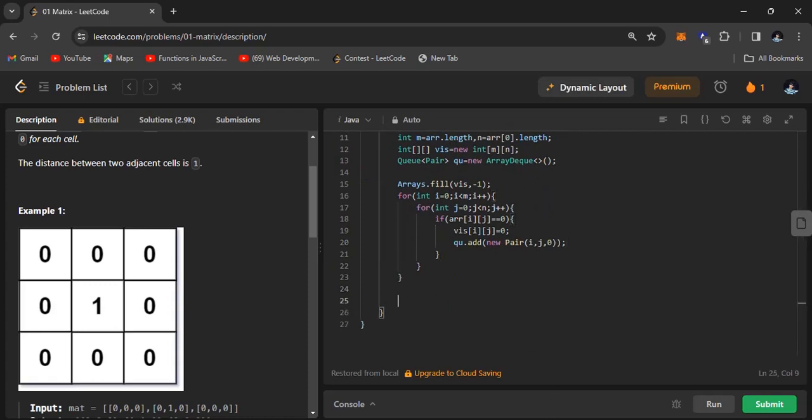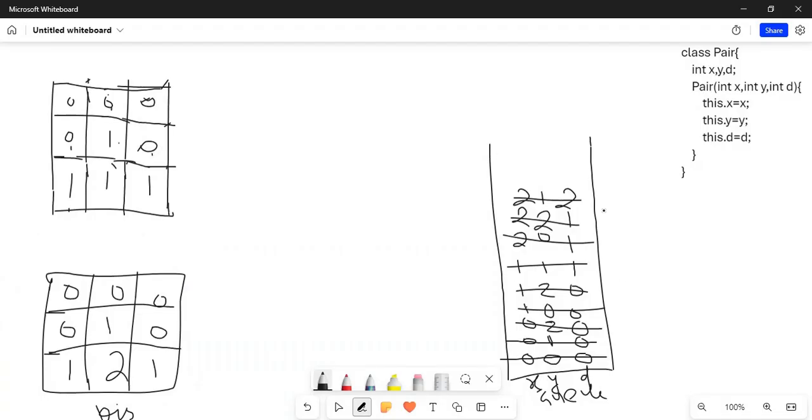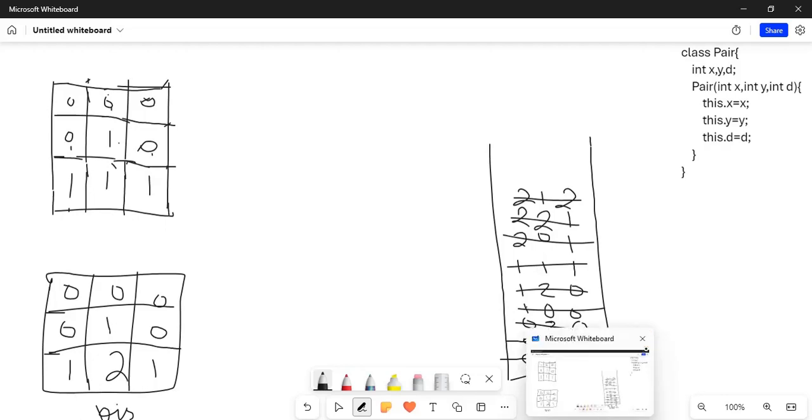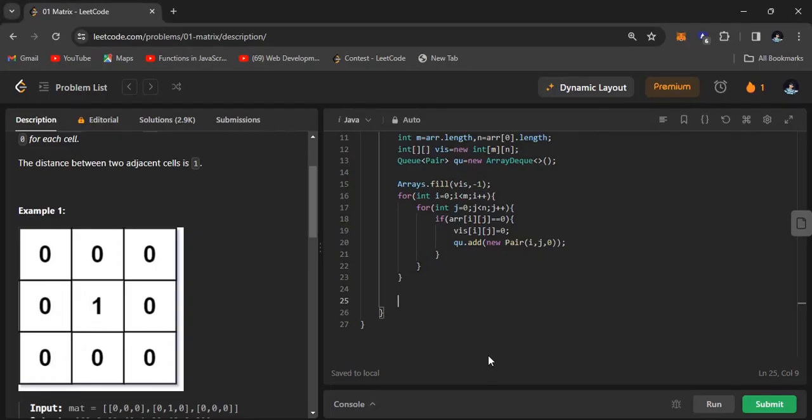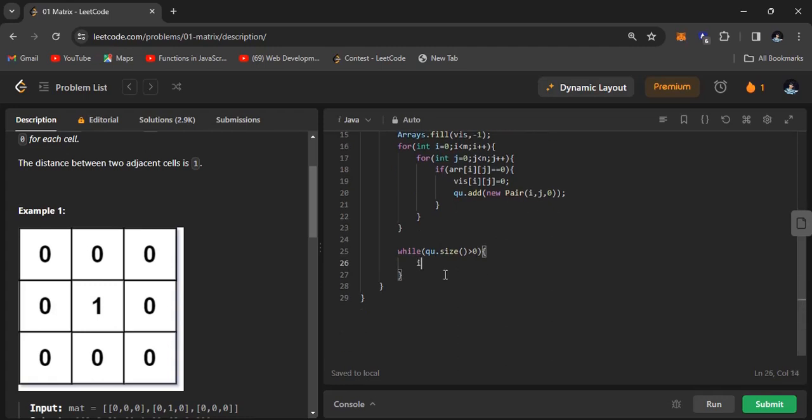Next, we will remove one element until the queue is empty. That means while queue dot size is greater than 0, you need to remove. Let p equal q dot remove.